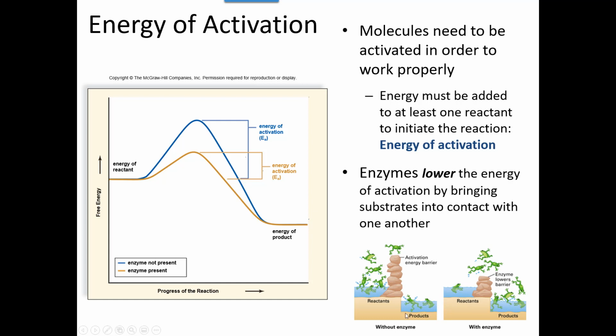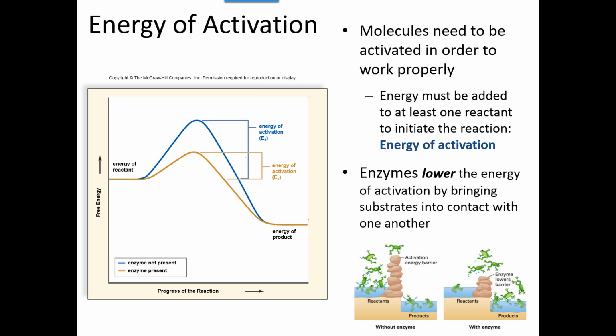However, if there's an enzyme present and it lowers that barrier, lowers how much energy is needed to become a product, it's more likely that they're going to be able to jump over that little wall and become a product. So enzymes are really, really important in ensuring that these reactions are going to happen inside of our cells.